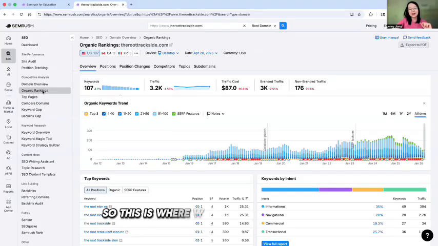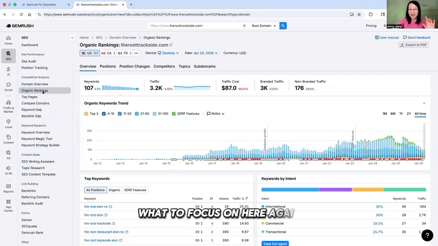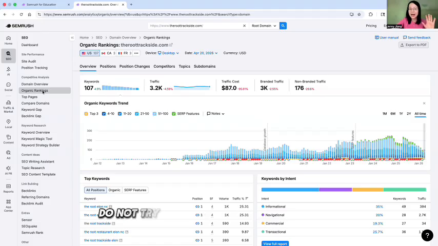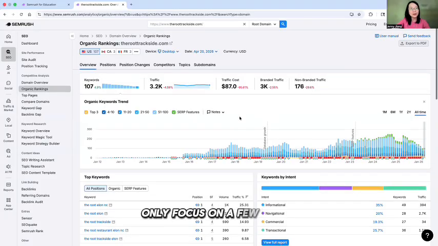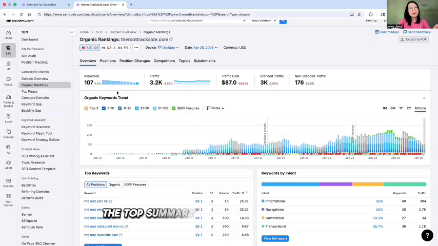So this is where we look more closely at how the site is performing in search. What to focus on here again is do not try to read everything on this page. We have so much information here. Only focus on a few things. First, the top summary bar.